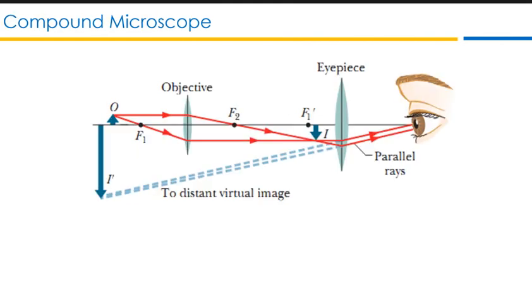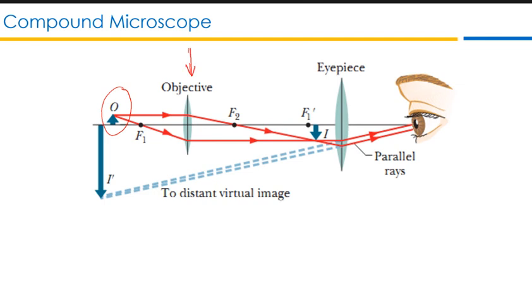But if we use two convex lenses in such a way, then we can make a compound microscope, and it makes the magnification two times. O is the object. The first magnification is done with a lens which is called the objective.